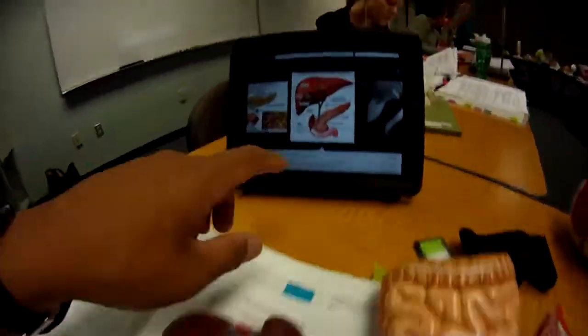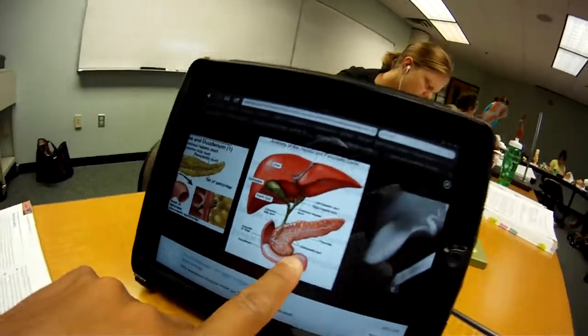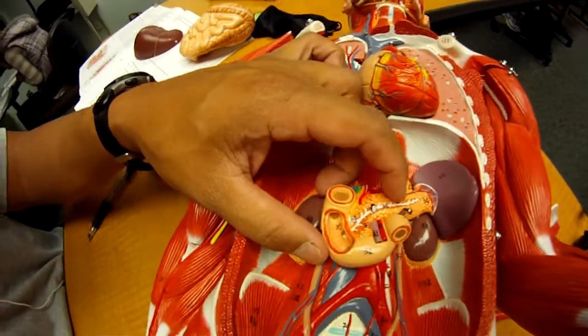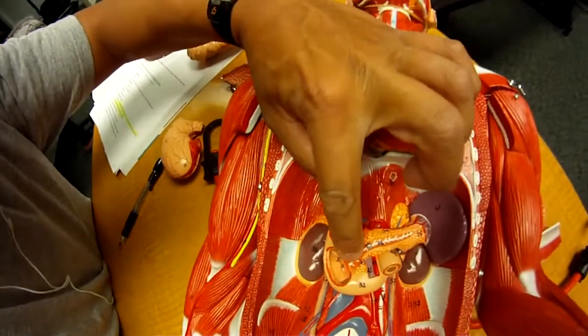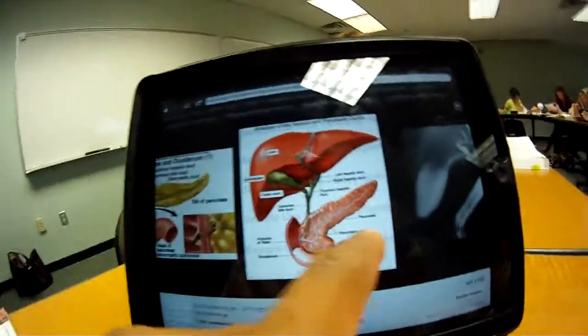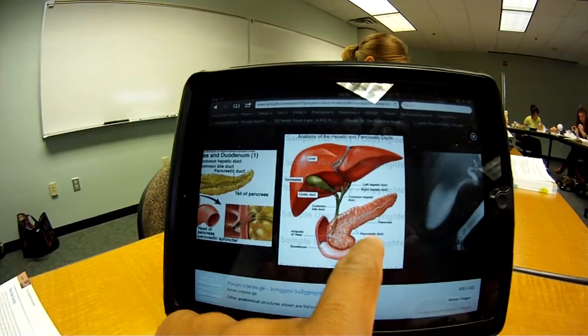The pancreas is that. To me, it looks like a corn. I always call that corn. But this is the pancreas, and the pancreatic duct is this right here. Right here and right here. That's what it's pointed at right here in this website. Pancreatic duct.